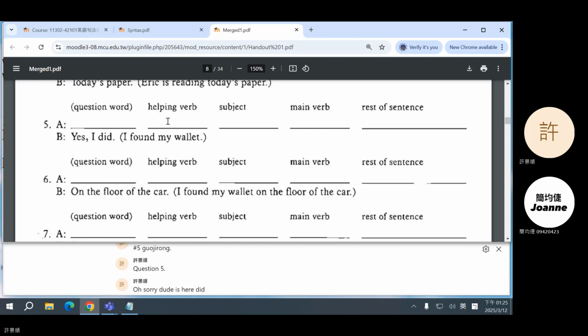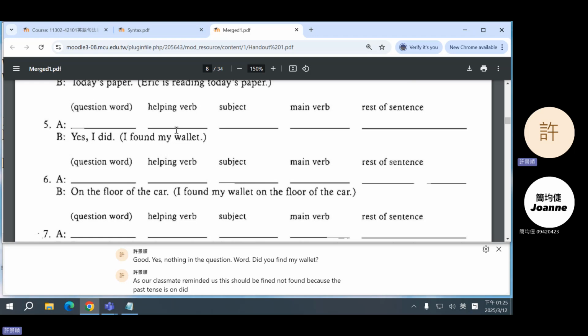Did you find my wallet? Good, yes. Nothing in the question word. Did you find my wallet? As our classmate reminded us, this should be find, not found, because the past tense is on did. You only need to use one word for the past tense. Did you find my wallet?